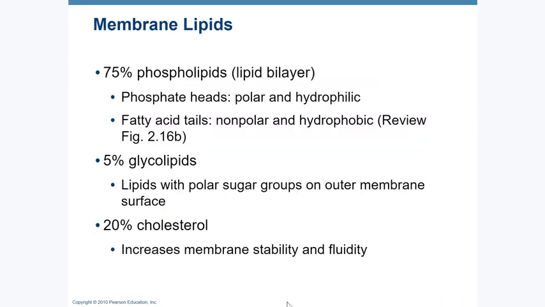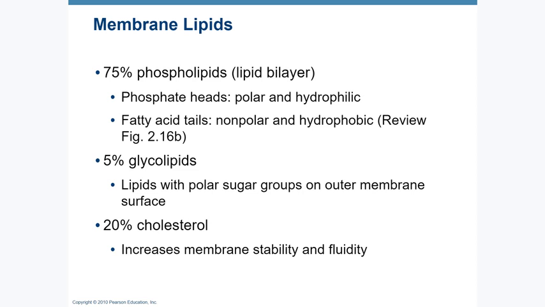So, membrane lipids: about 75% of that membrane is going to be those phospholipids, so the phospholipid with the phosphate head, which is polar and hydrophilic, so it likes that water, and it unequally shares those electrons.